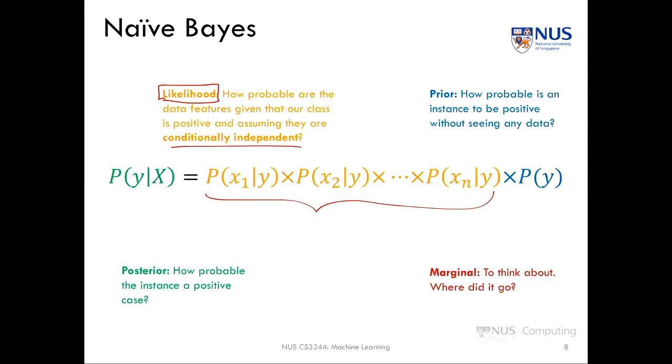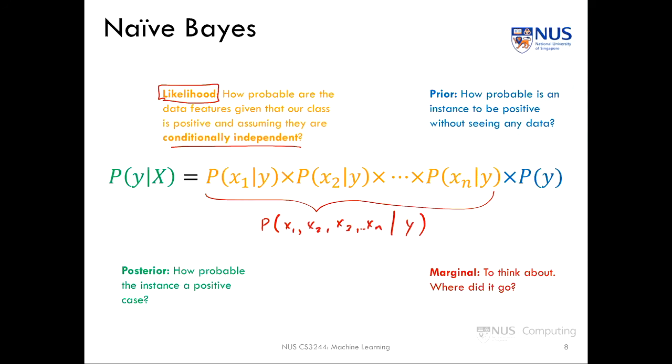Instead of having a joint probability of each of these things, we're just going to factor each one of these out and assume that each feature is conditionally independent of all the others.